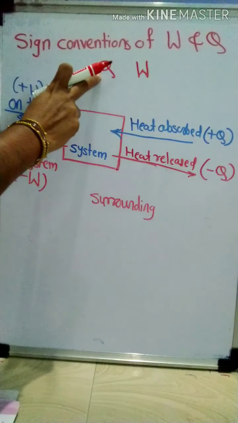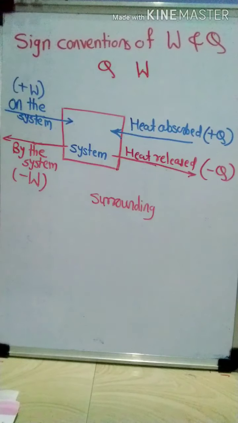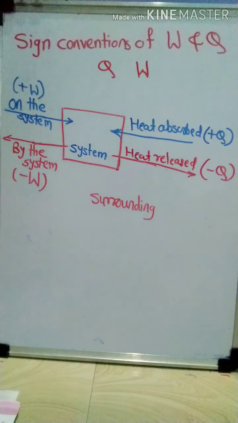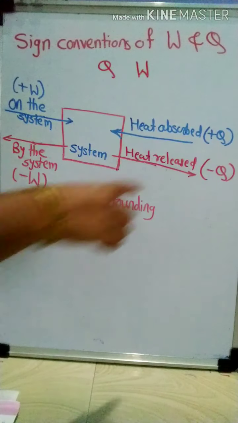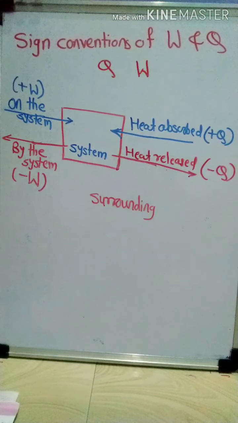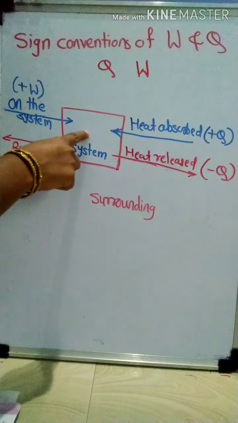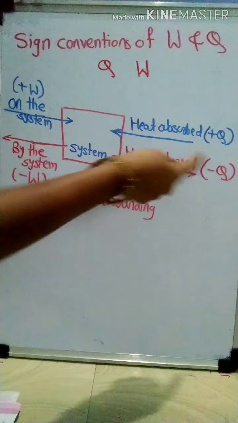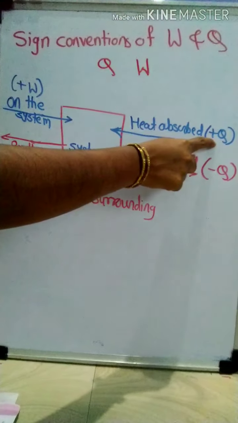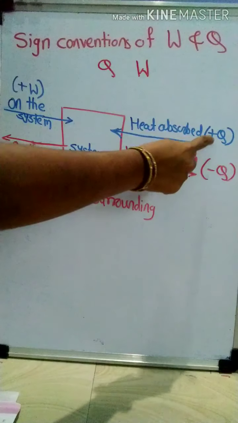So when is it plus and when is it minus? If heat is absorbed by the system, then the sign of Q is plus or positive. If the system absorbs heat from the surrounding, then the sign of heat, that is Q, is plus.